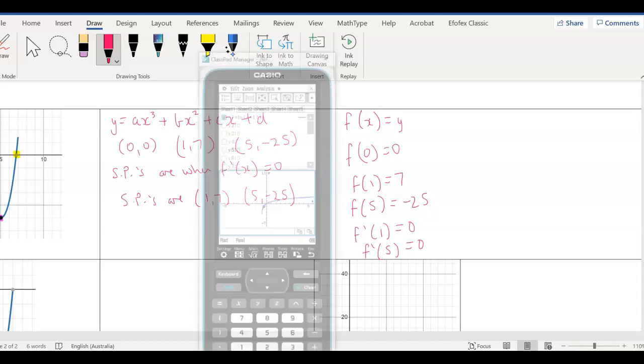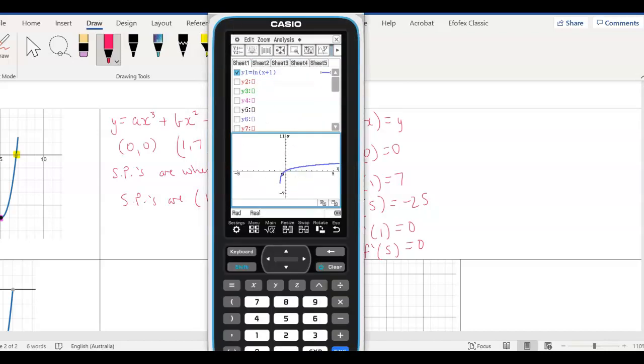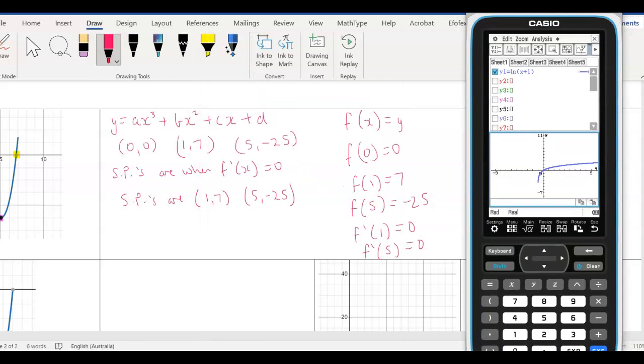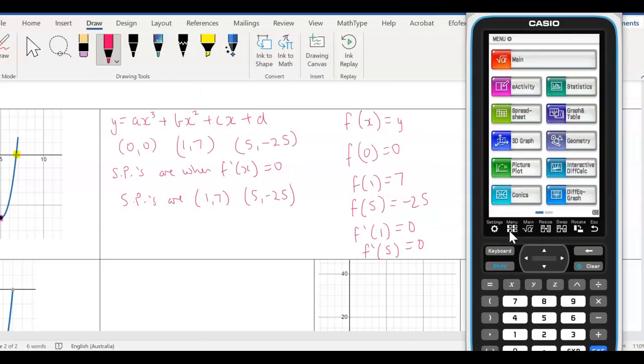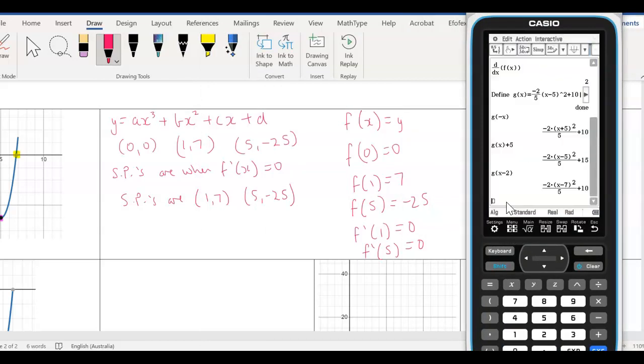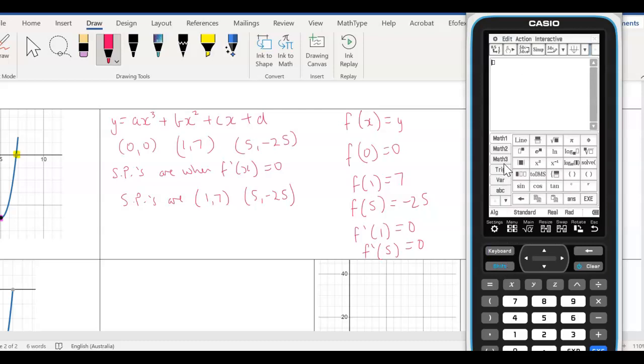On your calculator, I'll just move it over here, you can define again. I might clear all that, just because I like a blank screen. So keyboard, define, and I'm calling it f of x.